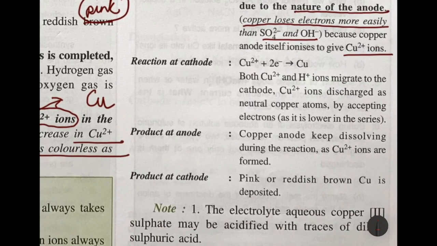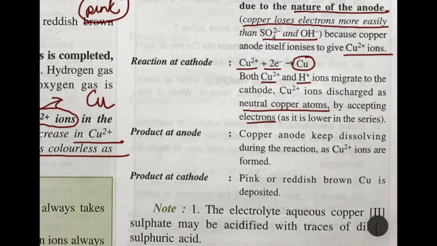What happens at the cathode? Copper ions gain the 2 electrons that they had lost when they formed ions and turn into copper atoms. Now both copper ions and hydrogen ions migrate to the cathode, and you know copper is below hydrogen in the electrochemical series, so they will be discharged as neutral copper atoms by accepting electrons.